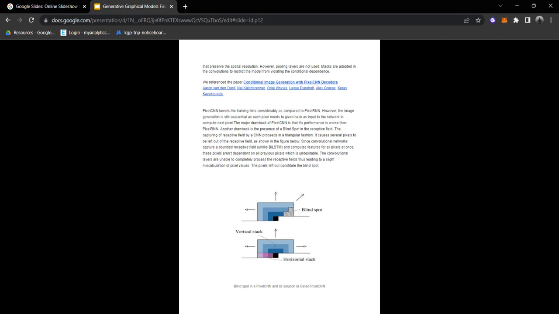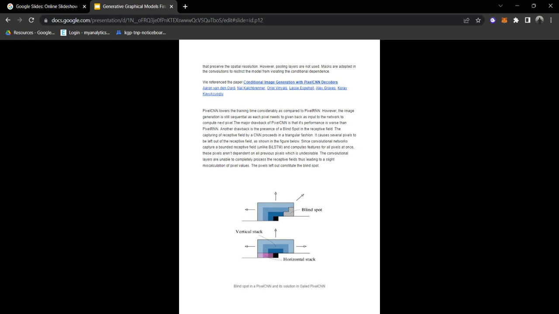The capturing of the receptive field by CNN proceeds in a triangular fashion. It causes several pixels to be left out of the receptive field. As shown in the figure, since convolutional neural networks capture a bounded receptive field unlike LSTM and compute features for all pixels at once, these pixels aren't dependent on all previous pixels, which is undesirable.